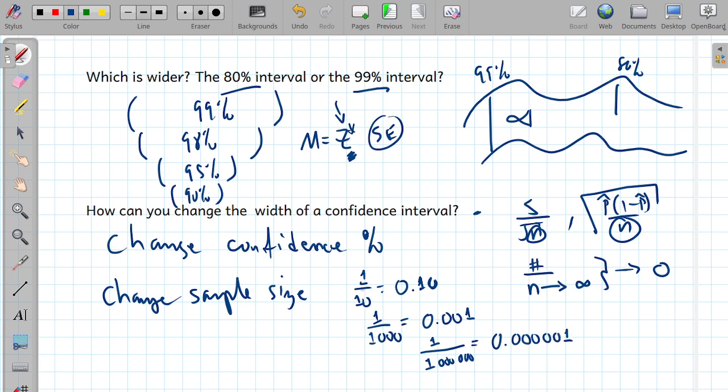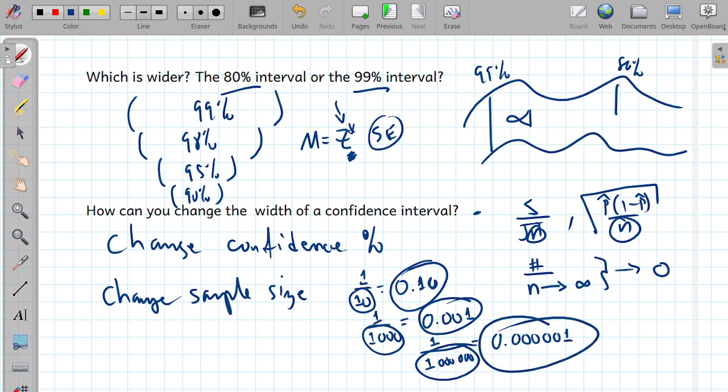So you'll notice the trend here. n is getting bigger, but the overall value of the fraction is getting smaller. So in a formula where we manipulate this, as the standard error gets smaller, the interval has to shrink as well. So those are two ways to change the interval width for confidence intervals.